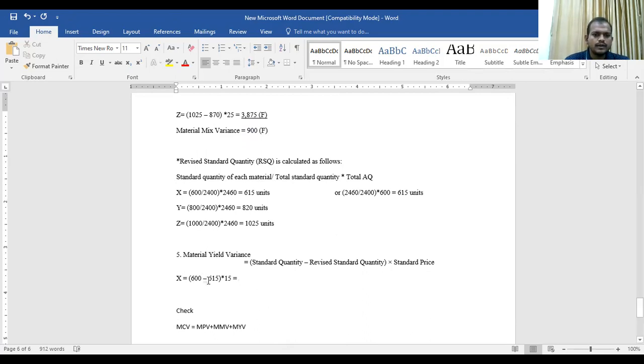So here the revised standard quantity is more than the standard quantity. Okay, so it means it has adverse variance. 225.